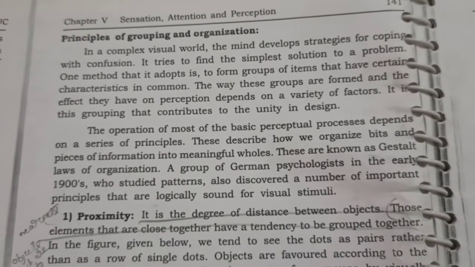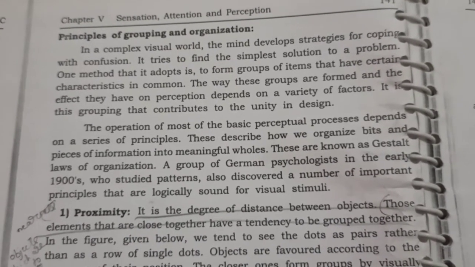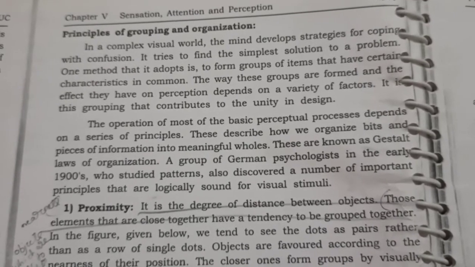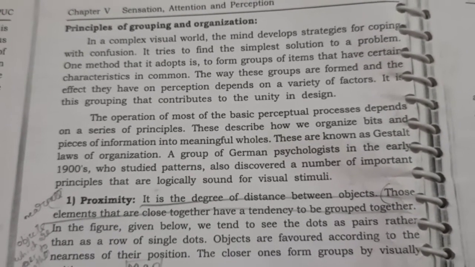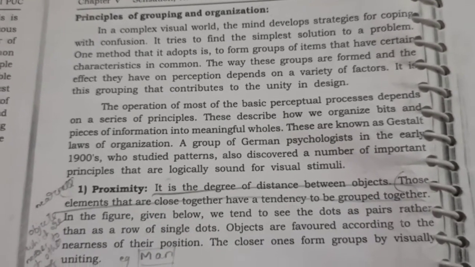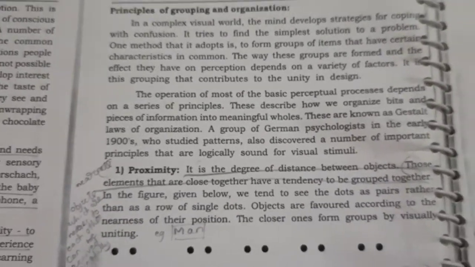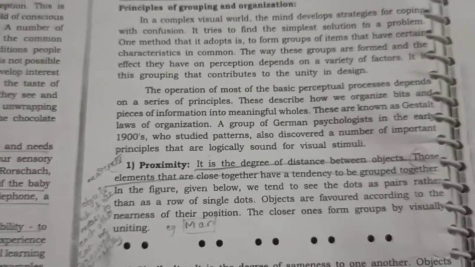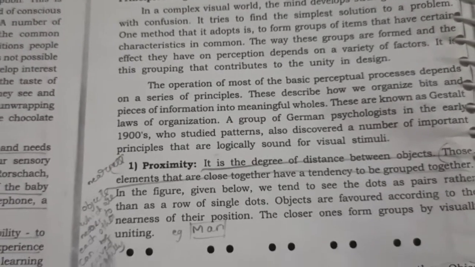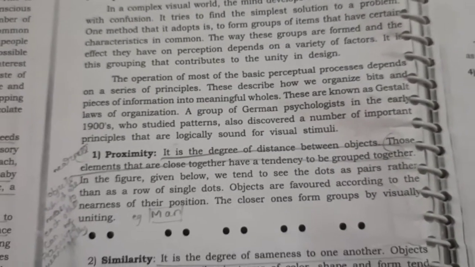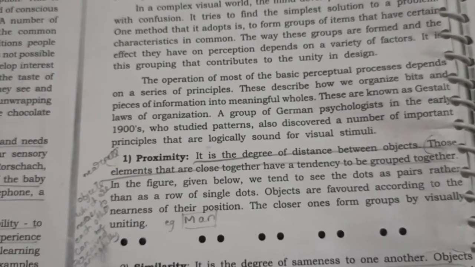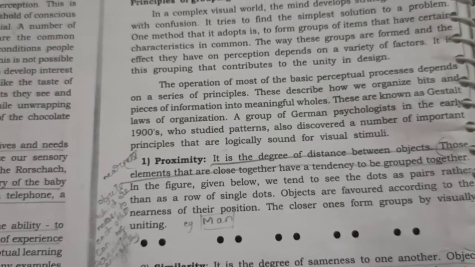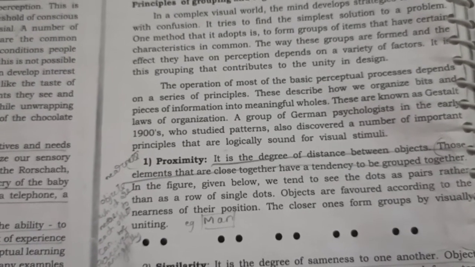A group of German psychologists in the early 1900s who studied patterns also discovered a number of important principles that are logically sound for visual stimuli. So basically you find the simplest way to understand a problem, to perceive a situation. You try to understand anything in the simplest way.